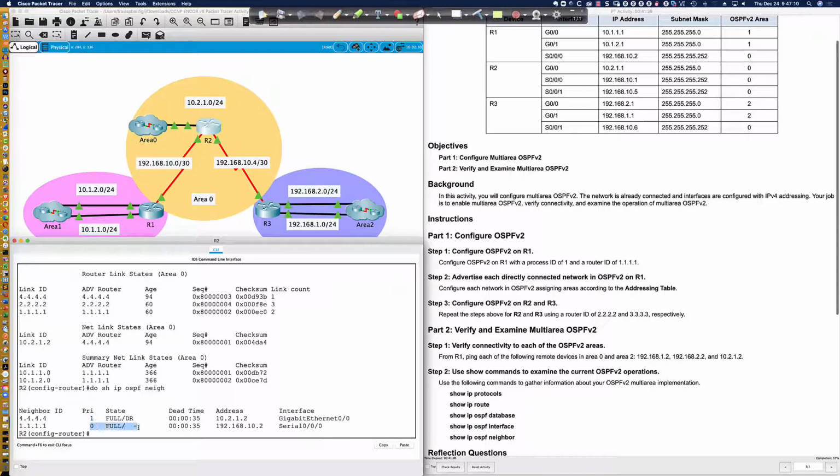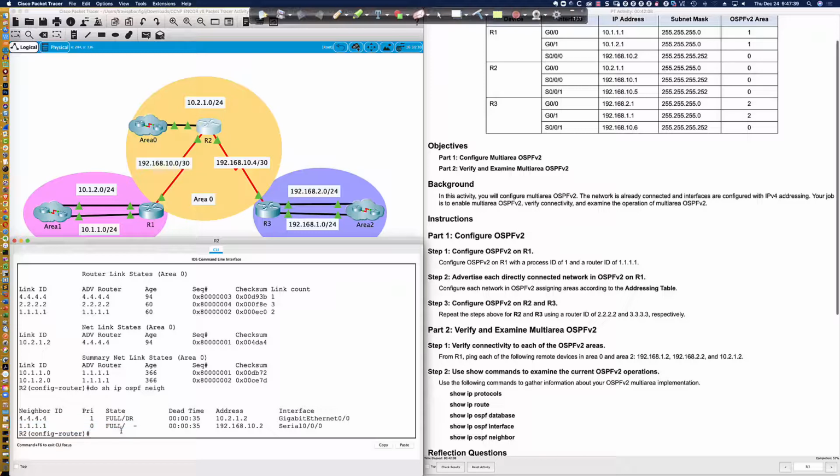On point-to-point segments between router 2 and router 1, we have the dash here again. The priority is 0, meaning we don't need a DR or a BDR. We don't need a DR or a BDR because it is a point-to-point network type. There's only 2 routers involved here, 1 on each end of the segment. So we don't have a DR.